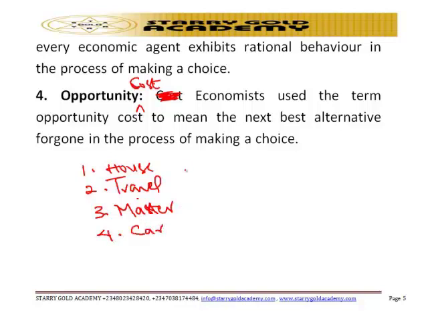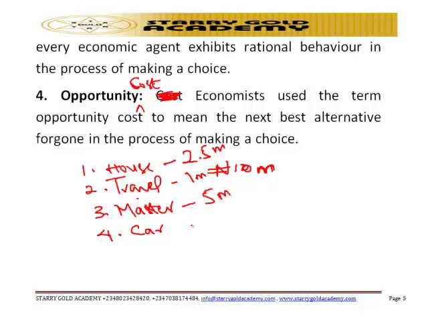So if I'm given 10 million naira to accomplish all this, and the cost of everything, for instance, to get my house, maybe I will spend 2.5 million. To travel, I'm going to spend 1 million. To get my master's program, I will spend 5 million.